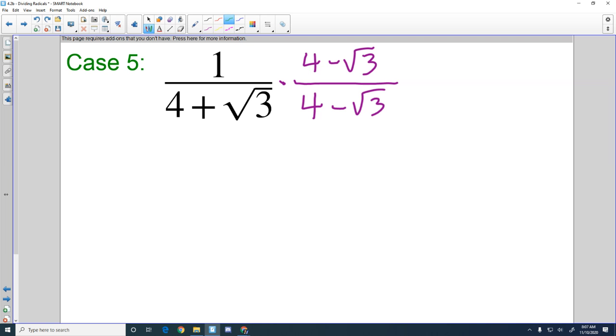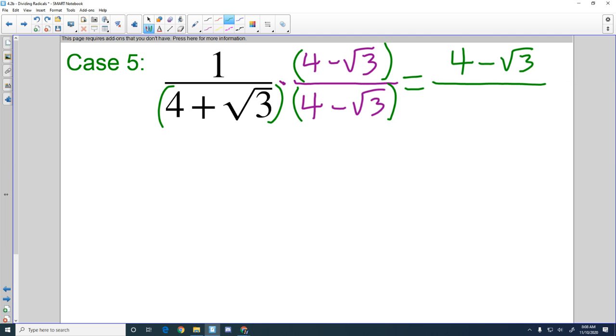Now, why does this work? Why is this all of a sudden going to magically get rid of all the radicals? So remember that these are binomials, meaning they're technically in parentheses. They're little two-term polynomials. Up top in the numerator, we're just multiplying by 1, so that just gives us 4 minus the square root of 3. But what happens when we multiply the bottoms together?